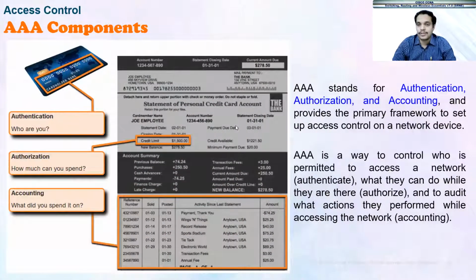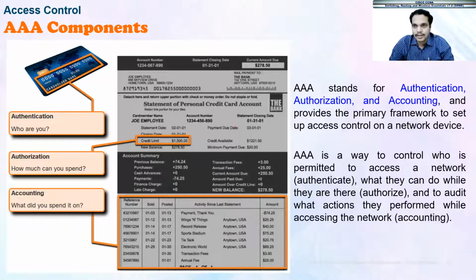The next one is something called AAA. AAA stands for authentication, authorization, and accounting. This provides the primary framework to set up access control on a network device. AAA is a way to control who is permitted to access a network via authentication, what they do while they are there, authorization, and to audit what actions they perform while accessing the network.